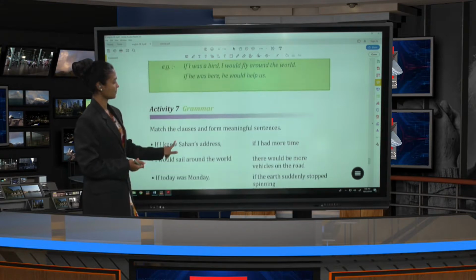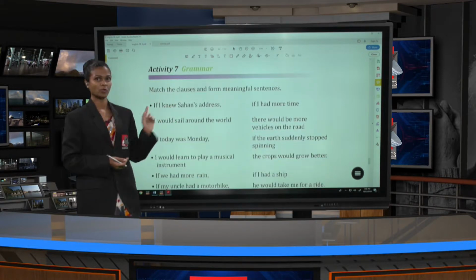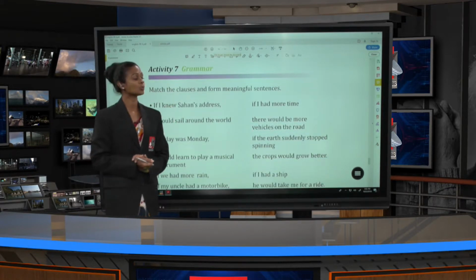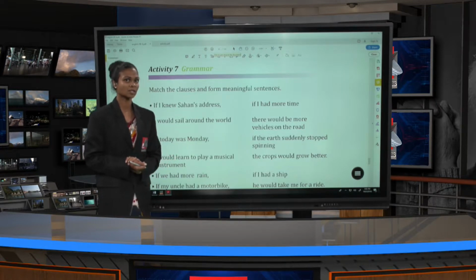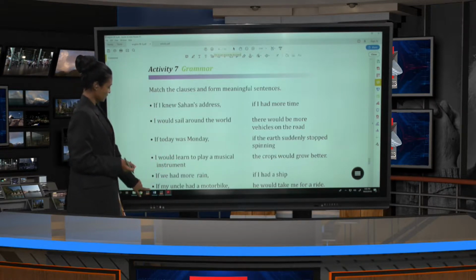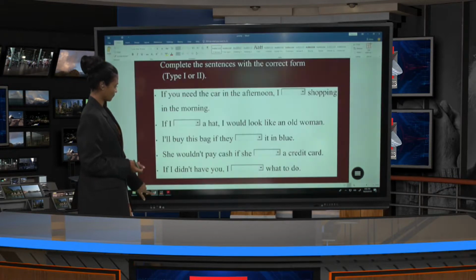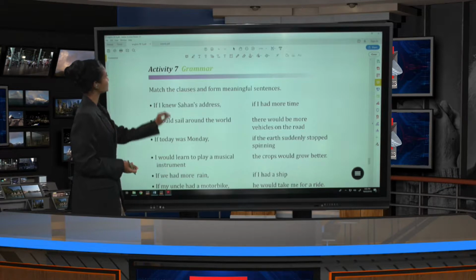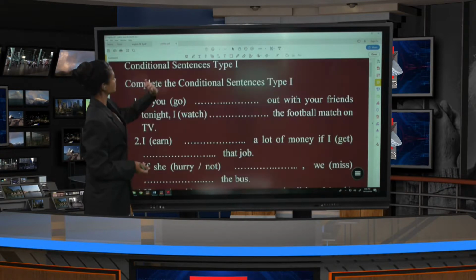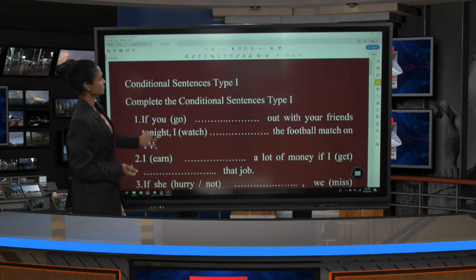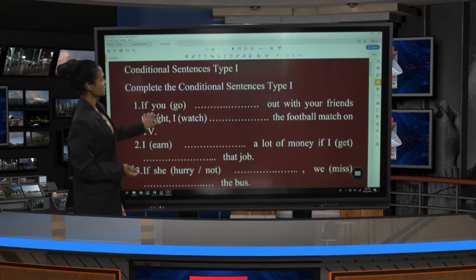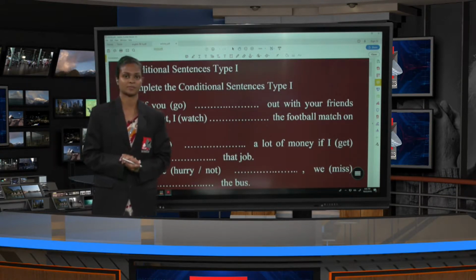Then, before we move to activity 7, there are some things for me to talk with you. Again, it's conditional sentences type 1.